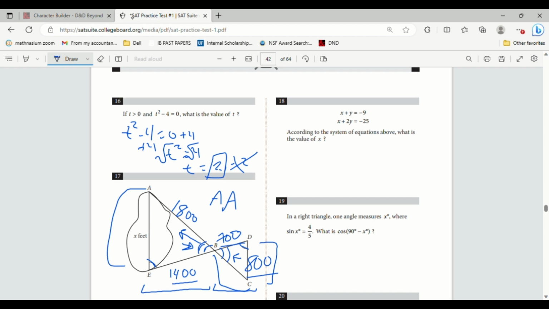So that first equation is x plus y equals -9. Well, we can rewrite this so that x equals -9 minus y, because we just subtract the y. So we can plug this into our second equation, getting -9 minus y plus 2y equals -25.